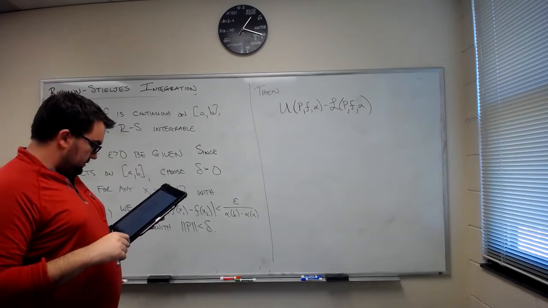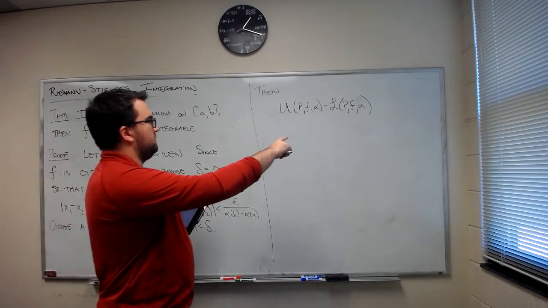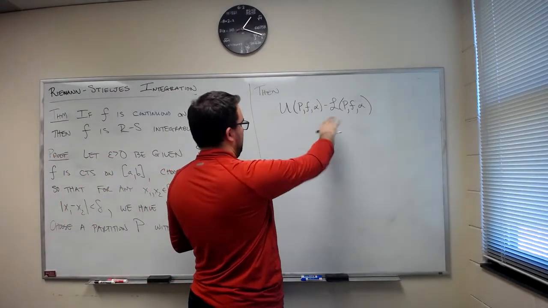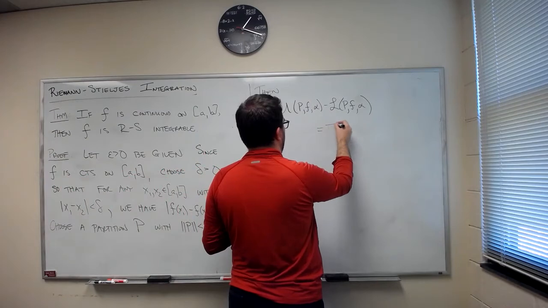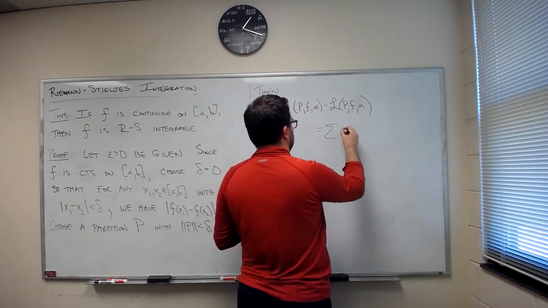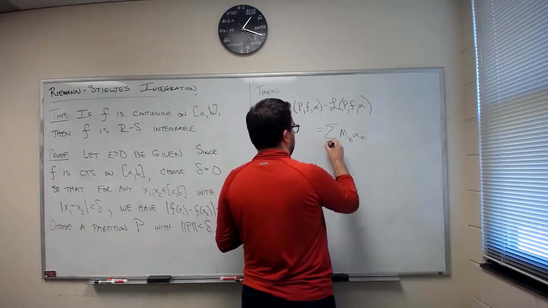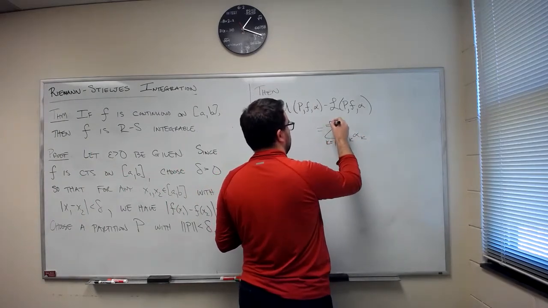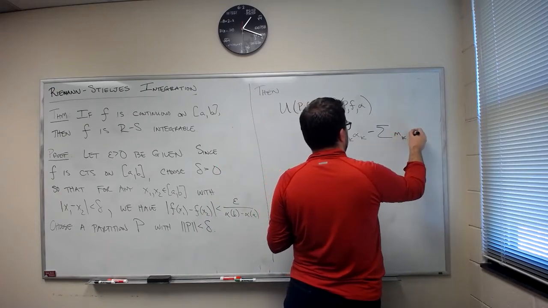Well, I need to do some work to get there. So what do I know about this? I can first just write out what these are. The upper sum over this partition would be this, and the lower sum would be this.